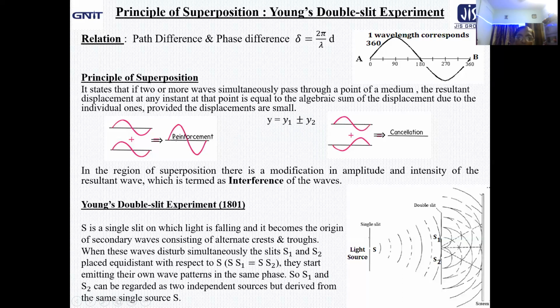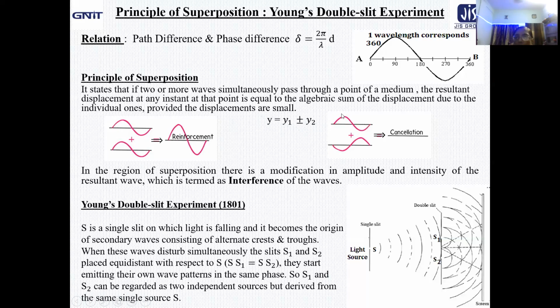When will it be added up? When both the displacements are in the same phase. That means crest to crest or trough to trough. What about the net result? That is the reinforcement. So the net displacement will increase: y equal to y1 plus y2. When will it be minus?